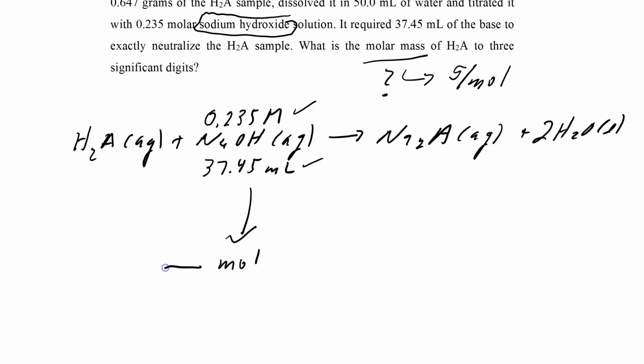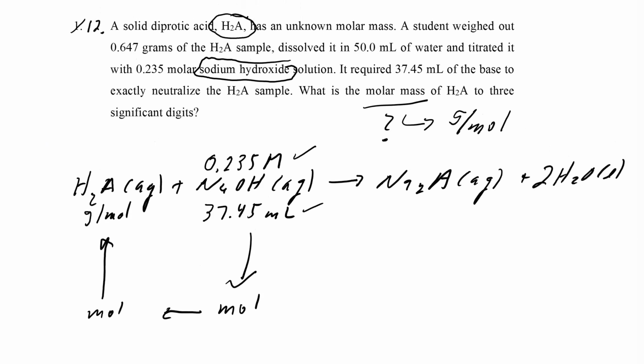Once we have moles of sodium hydroxide, we can convert to moles of our acid. And then what are we looking for? We're looking for the molar mass, grams per mole. So we're going to make a conversion there. We're given grams in the problem. Please note that right here, I'm going to yellow highlight it. We're told how many grams we weighed out in the laboratory. So we already know that number, numerator.